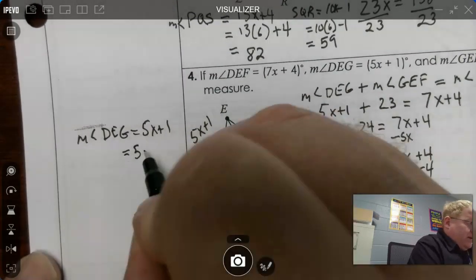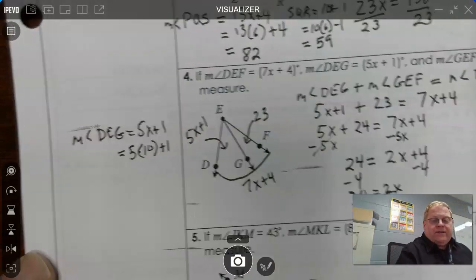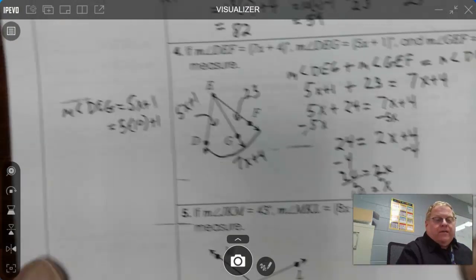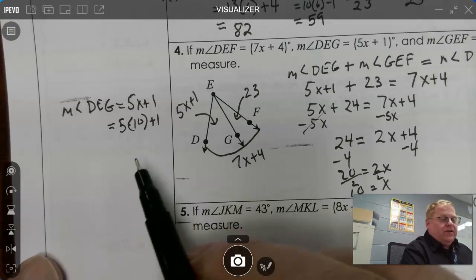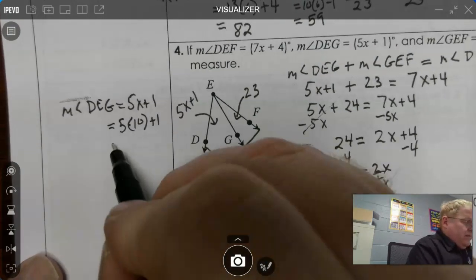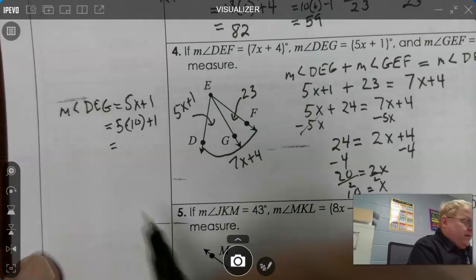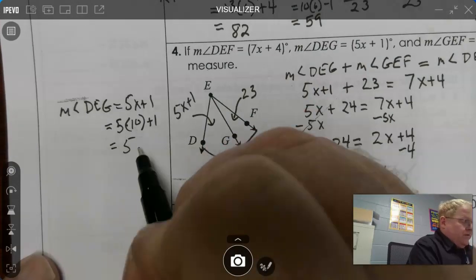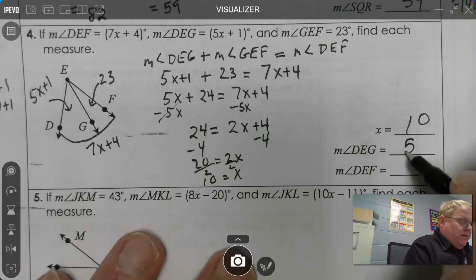So 5 times 10 plus 1. See, I'm plugging the x I got over here into my expression. So anytime I need anything that has algebra in it, I can now change it into numbers by using the x value I got. So this is 5 times 10, which is 50, plus 1 is 51. So DEG is 51 degrees.